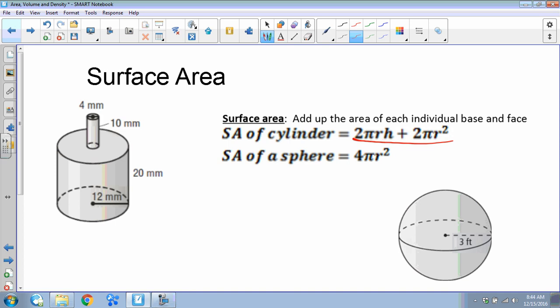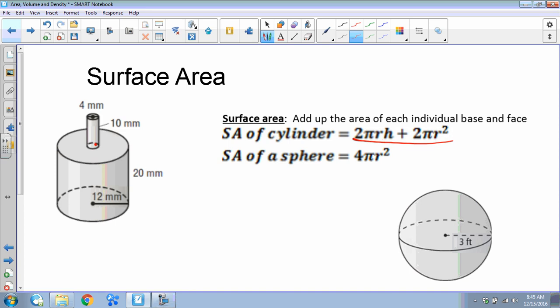Now, also be careful when you're doing surface area, because if I'm going to find the surface area of this figure right here, it's the surface area of the top cylinder plus the surface area of the bottom cylinder. However, I have to subtract something. If I'm going to paint this figure right here, what's not going to be exposed?